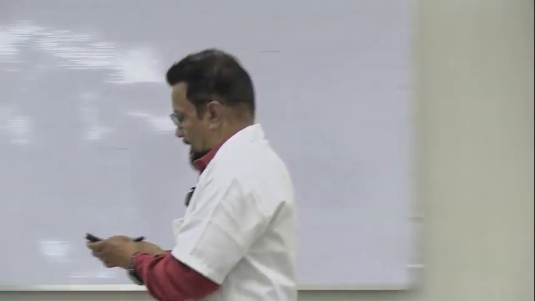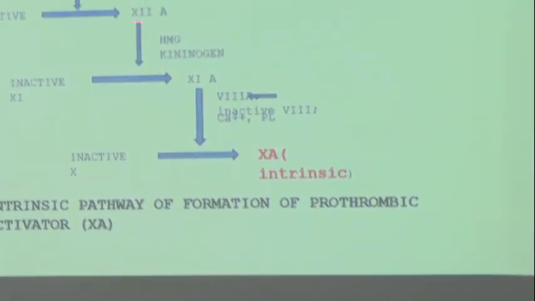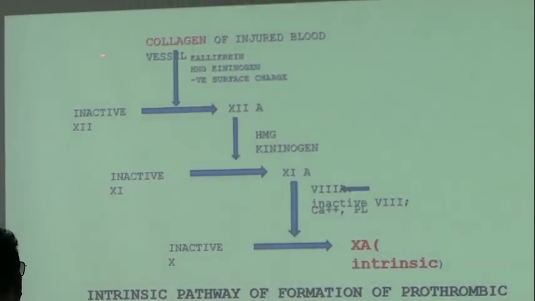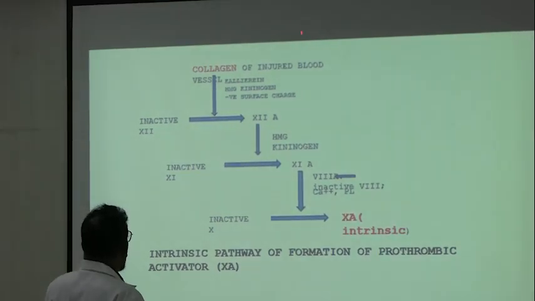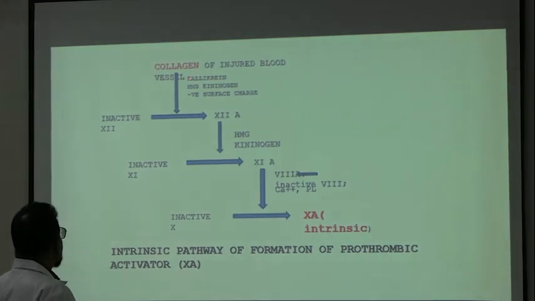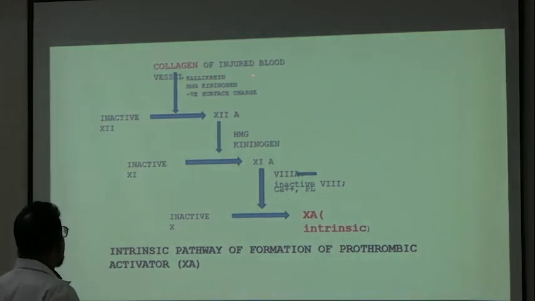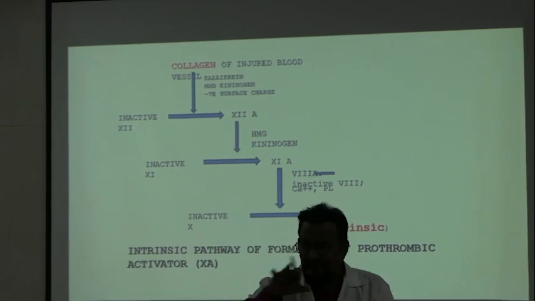Factor 12 inactive becomes activated when it makes contact with collagen. And some other factors help this process: kallikrein, HMG kininogen, and the surface of the endothelium.